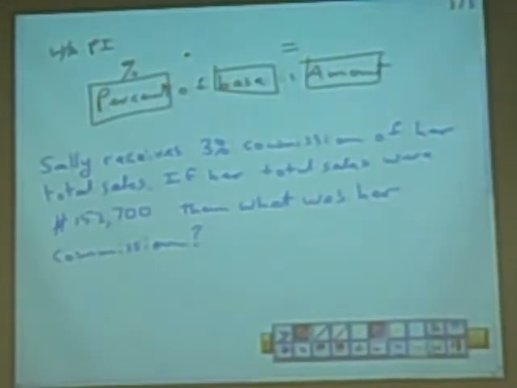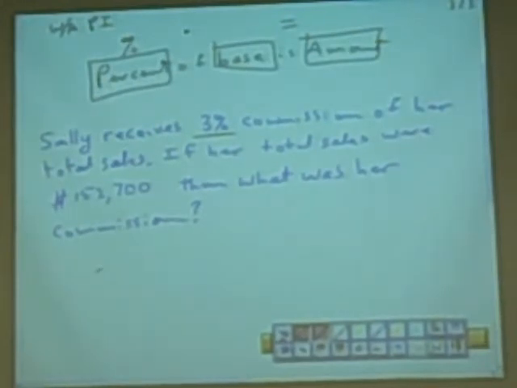Okay, so in this case, we have 3%, right? So it's a good idea to go ahead and write this into our model. 3%, or we can also write this as 3 over 100 times our base.